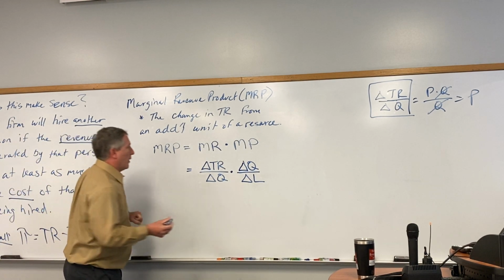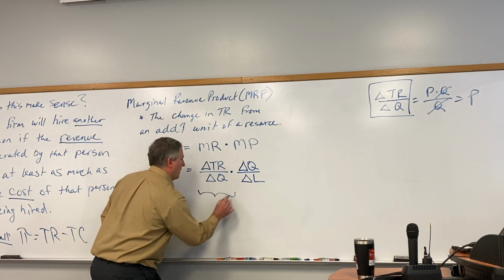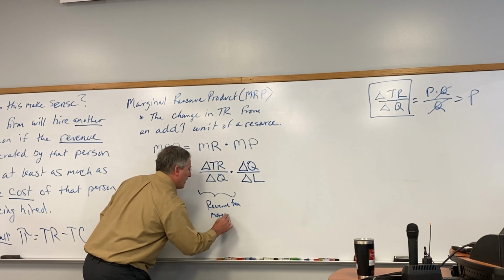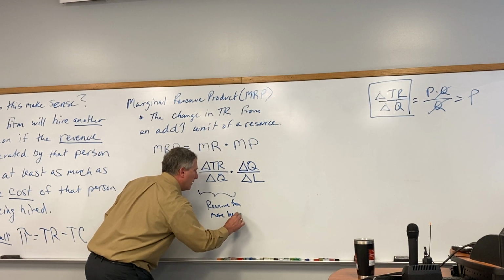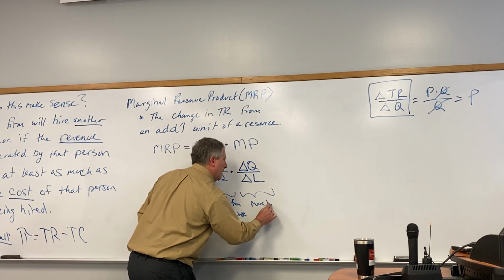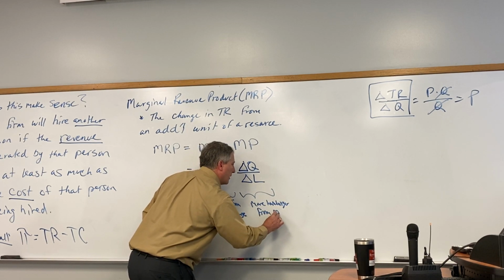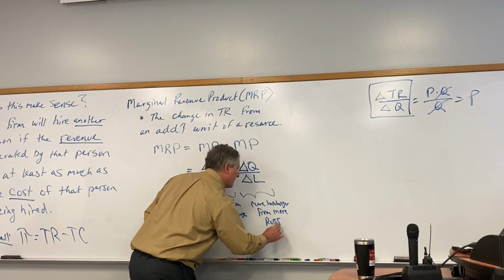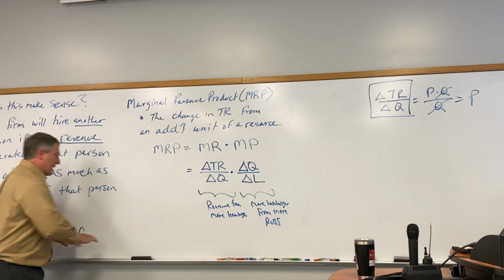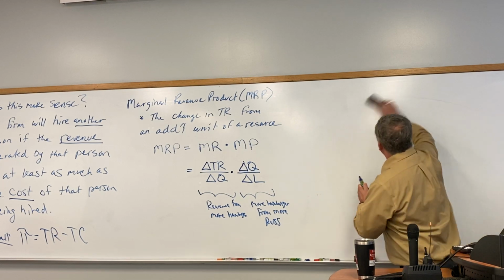All right, so together these things here: revenue from more hamburgers, and this is more hamburgers from more Russes. Just to tie it back to our old example from 3 weeks ago or so.